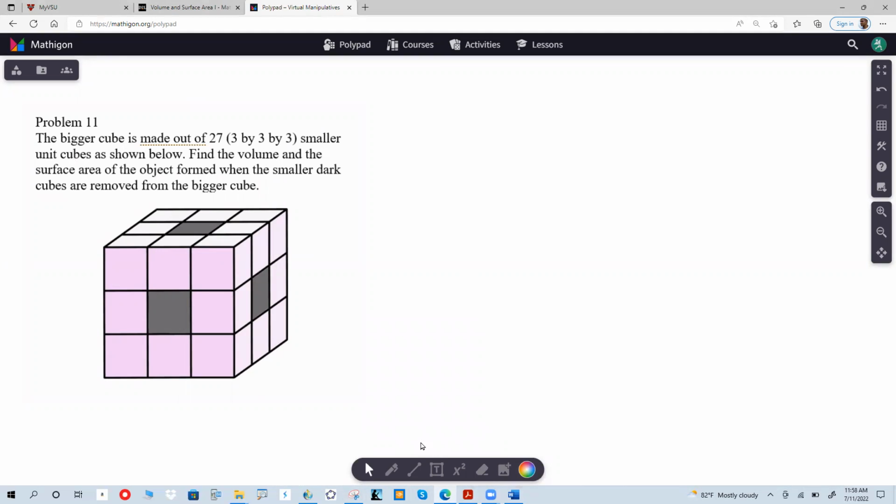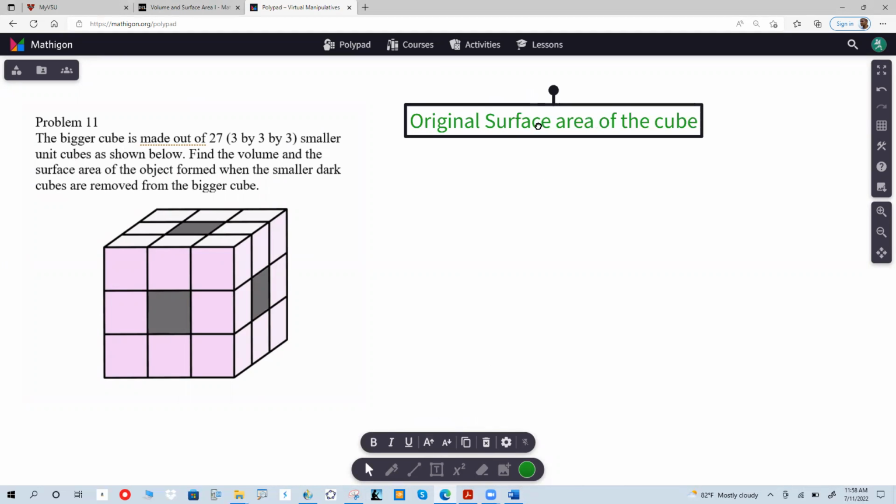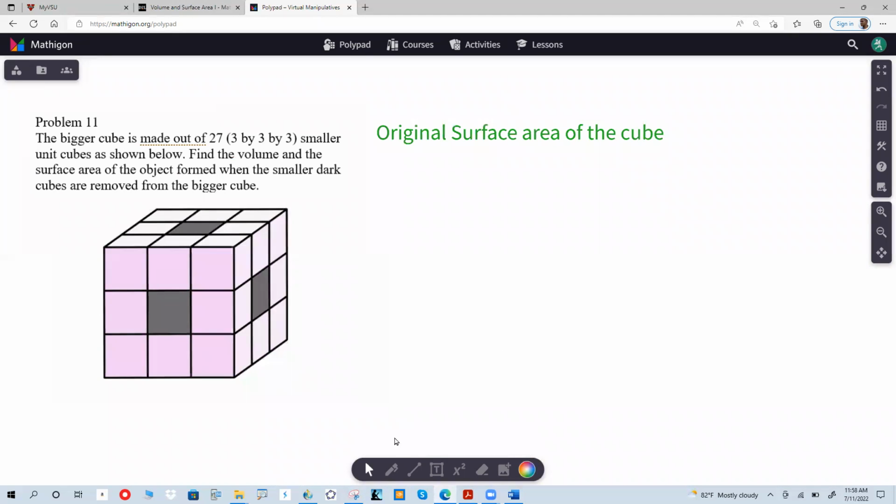All right, guys, what's the original surface area? Write it down nicely. Large cube. What's the original surface area, guys? It has 6 faces, and each face has 9 squares.